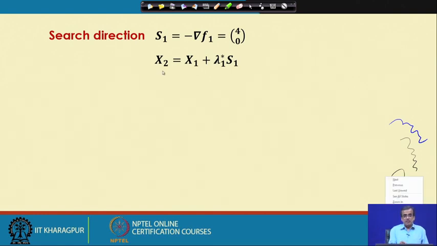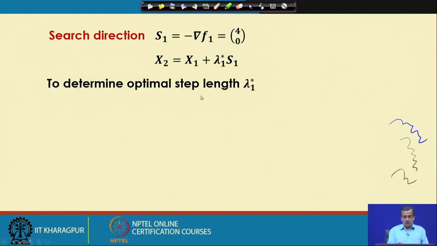Now, X2, that is the next solution, is the previous solution X1 plus lambda1 star multiplied by S1. Lambda1 star is the optimal step length, and S1 is the search direction. To determine the optimal value of this step length, lambda1 star, we follow a particular method.